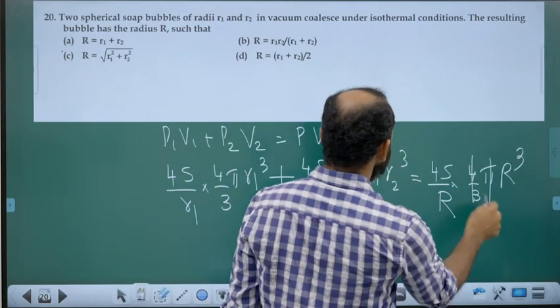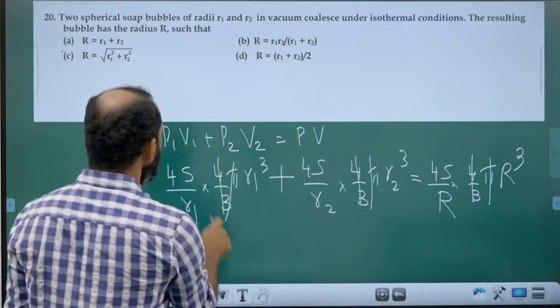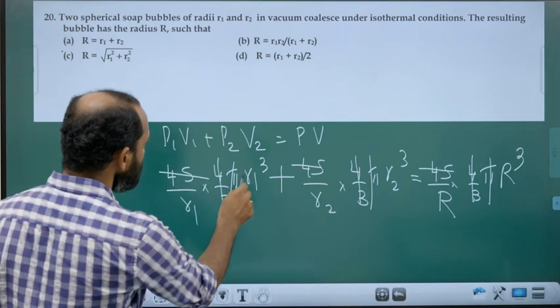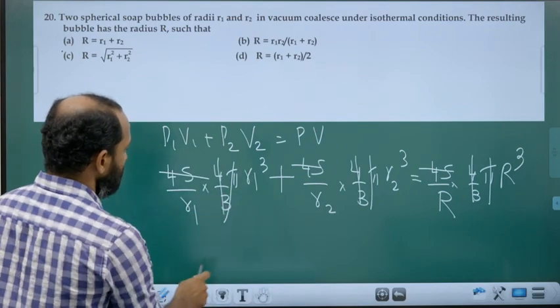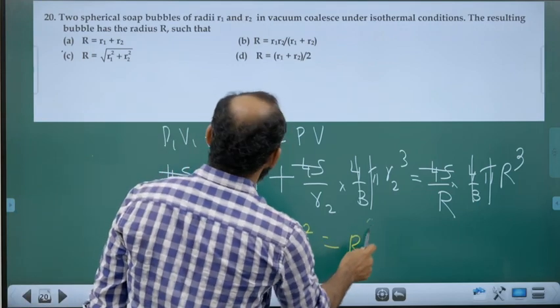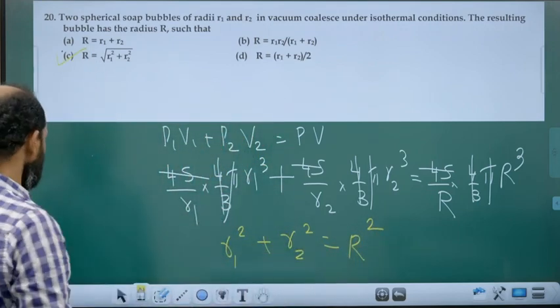So 4 by 3 pi cancels throughout, 4S cancels throughout, and you can also cancel one R. Then you get R1 square plus R2 square is equal to R square. So the right choice is option C.